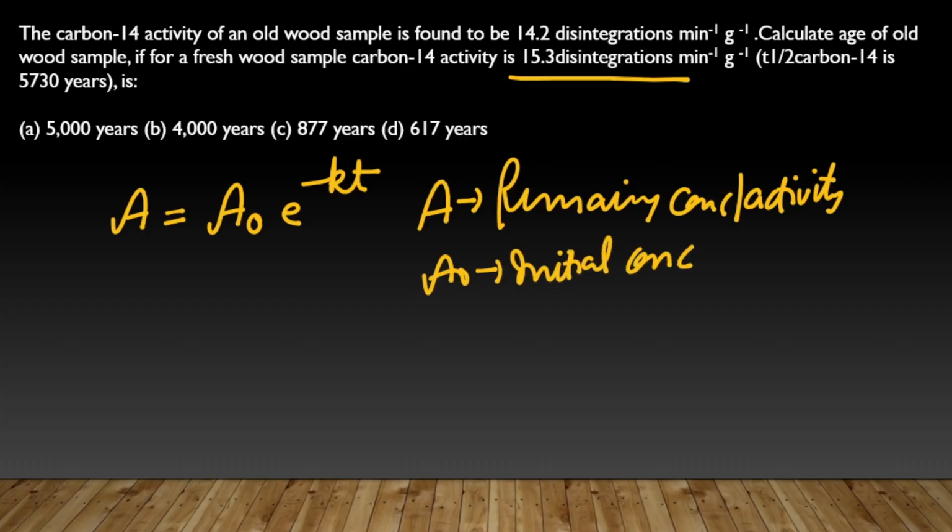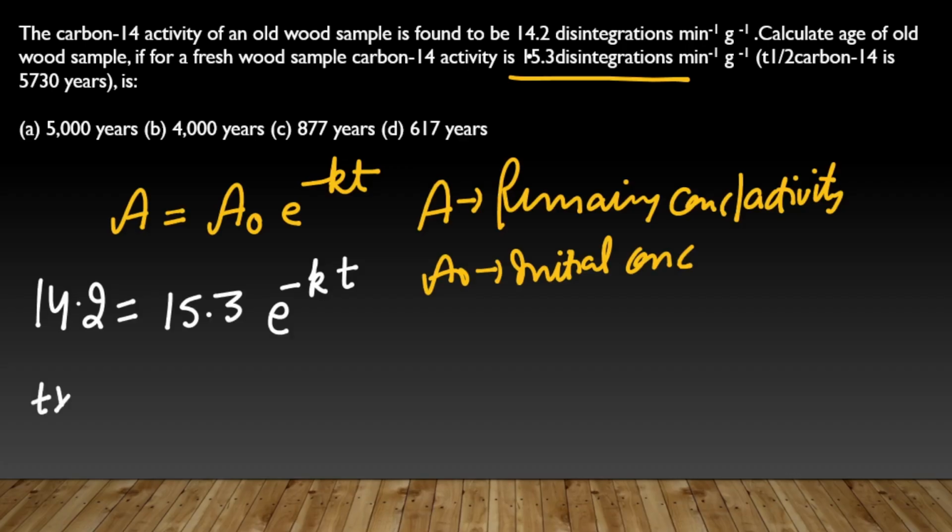So the A value that is given is 14.2 disintegrations per minute per gram. The initial one, that is a fresh sample of the wood, gives 15.3 disintegrations per minute per gram of it. This is e raised to the power of minus kt. This time period we have to find out. So we need the value of the rate constant for this.